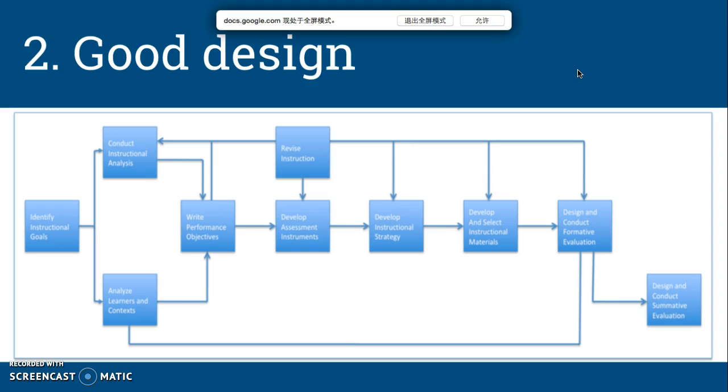These are really important in the design process. One of the most amazing elements is the revise instruction, which can happen at every point in the design process. I think it is really important because sometimes we can revise the instruction during the process. It can help our education have a better performance.